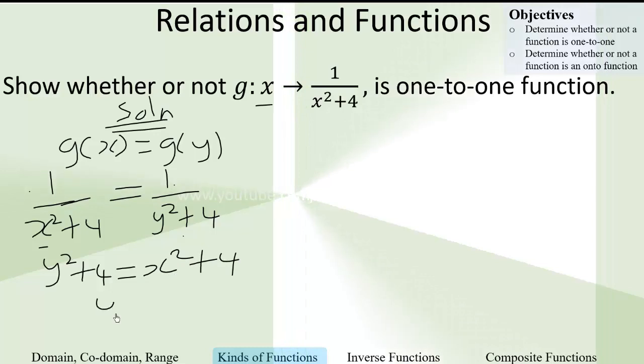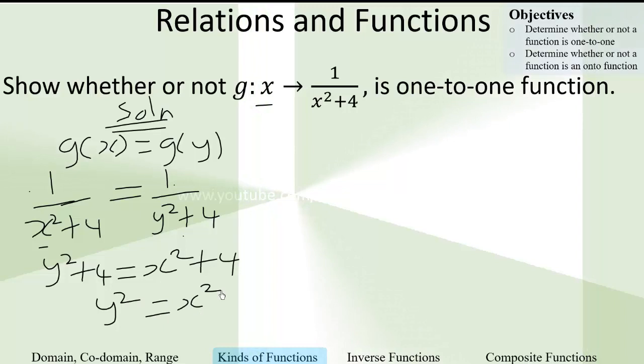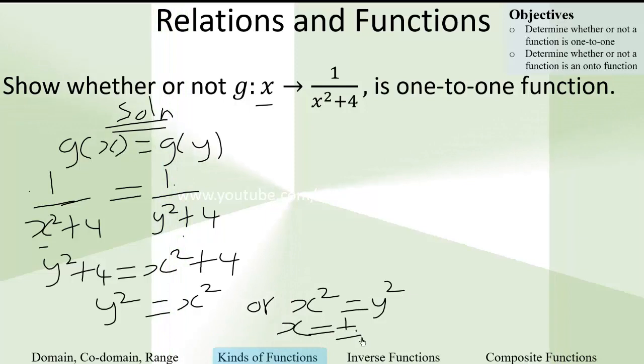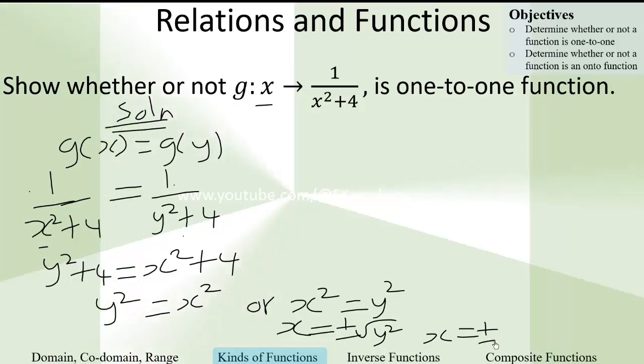So we get y squared is equal to x squared, or x squared is equal to y squared. Now we take the square root of both sides. So x will be equal to plus or minus the square root of y squared. So x is equal to either positive or negative y.